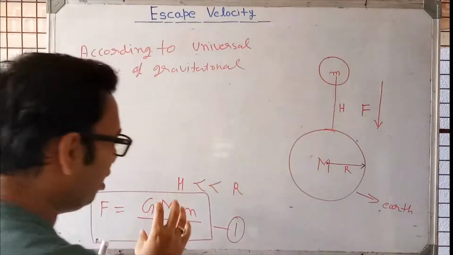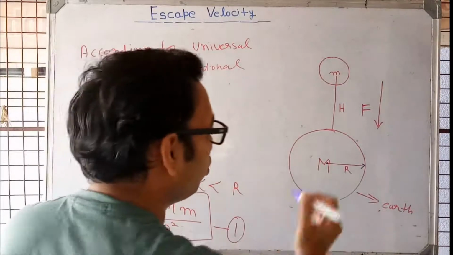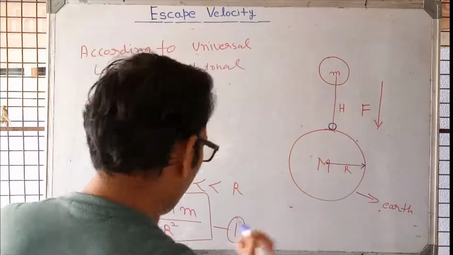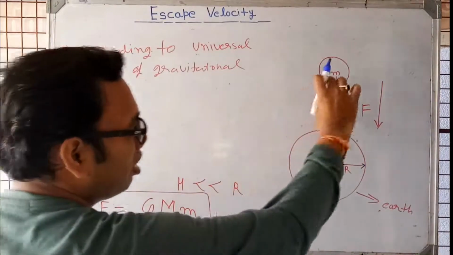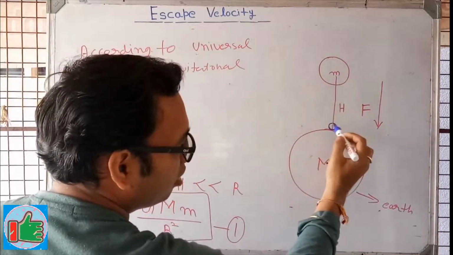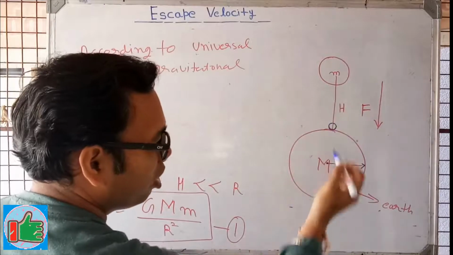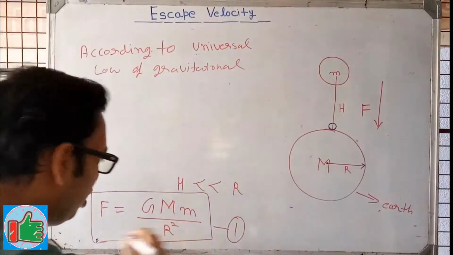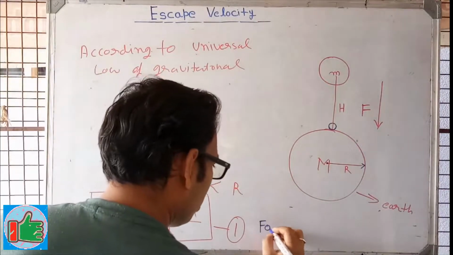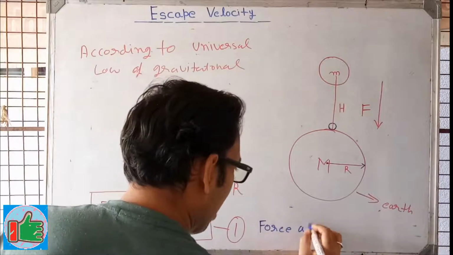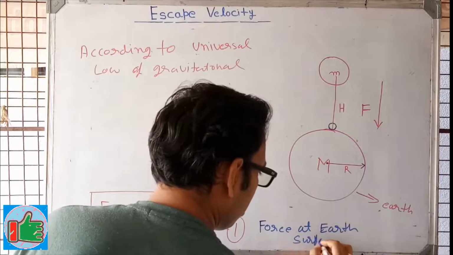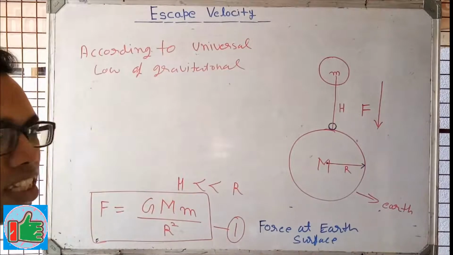In this condition, the object is kept at the earth surface, because the height becomes 0 as I neglected it. So this is the force of attraction at the surface of earth.